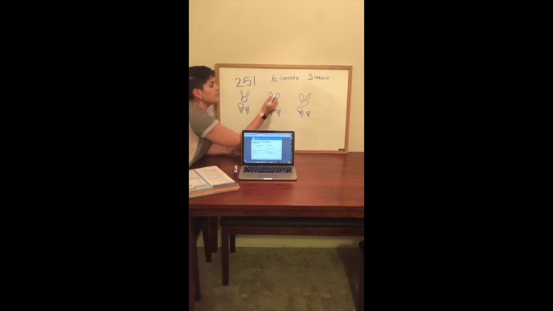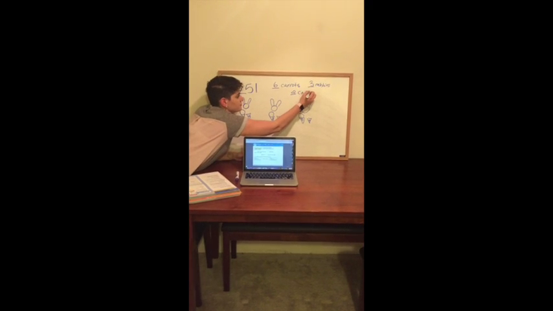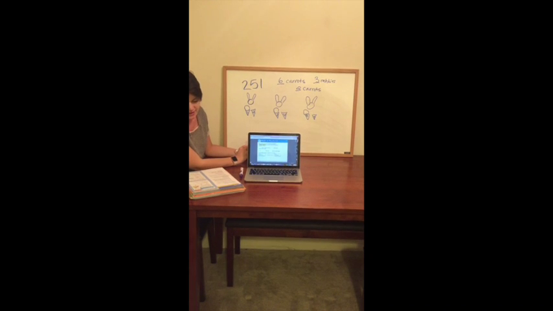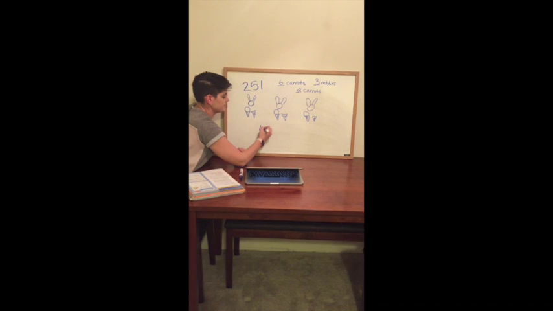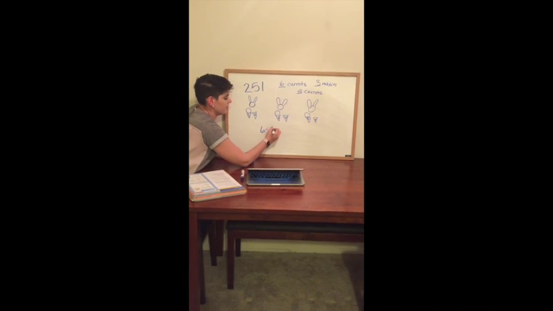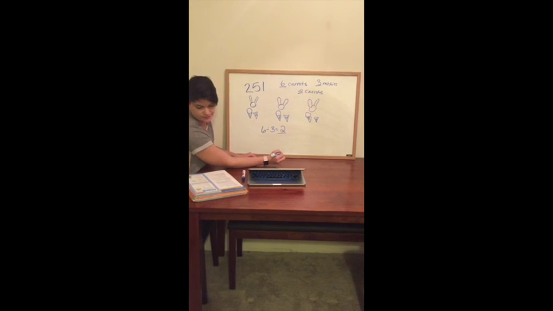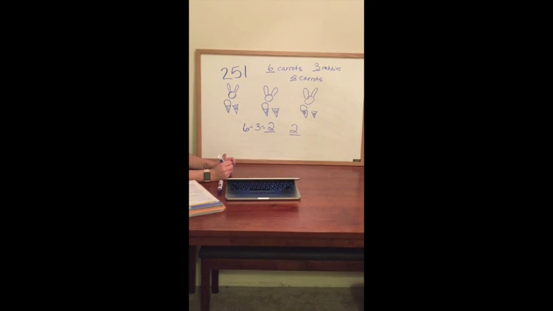That means that he can give each rabbit 2 carrots. So, 6 divided by 3 equals 2. There are 2 carrots for each rabbit.